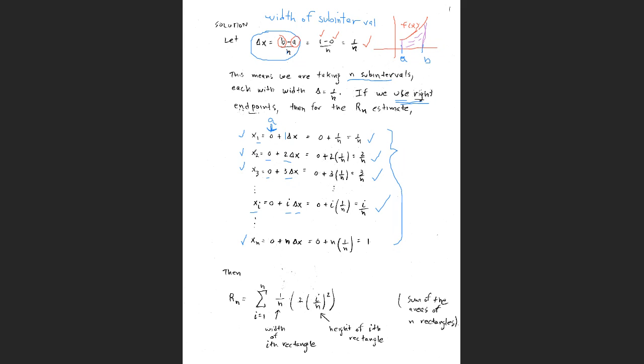And finally, x sub n would be 0 plus n times delta x. But n times 1 over n is just 1. So that makes sense. Your right endpoint is the highest value of x. X goes from 0 to 1, so 1 is the last value of x for your interval, and x sub n would have to equal that last value.